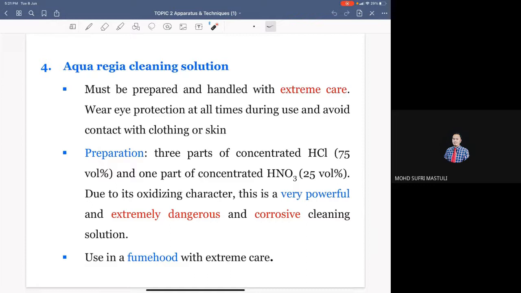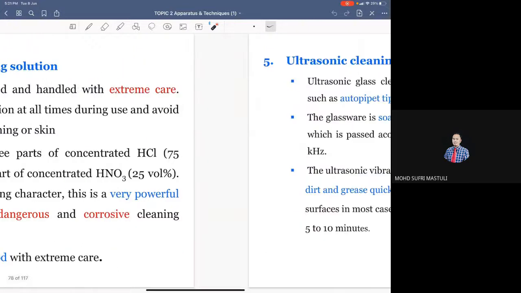Even though aqua regia is a very powerful cleaning solution, it is extremely dangerous and corrosive. So normally, people use aqua regia in a fume hood.